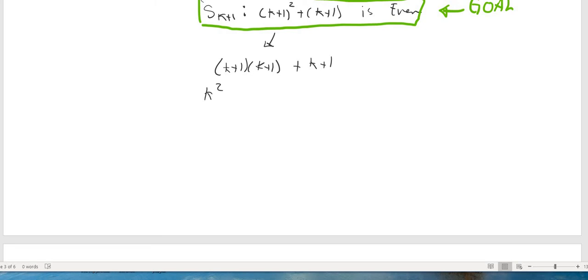K times 1 is K. 1 times K is another K. 1 times 1 is 1. Bring down this. Now what can we put together? This is the only thing that has K squared, so bring that. How many K's do we have? 1, 2, 3. Like terms, this one with that one is another 2 altogether.